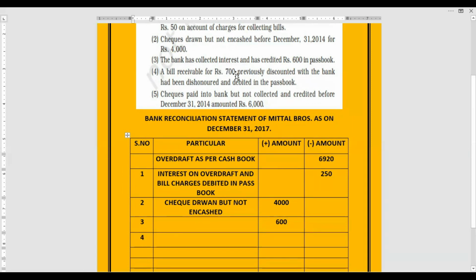Fourth one, a bill receivable of rupees 700 previously discounted with the bank had been dishonoured and debited in the passbook. Bill receivable means it is a bill of exchange.